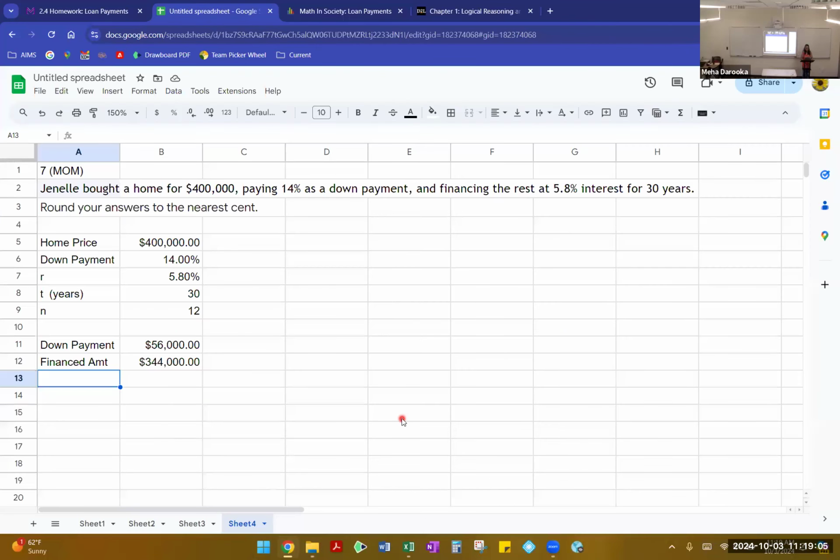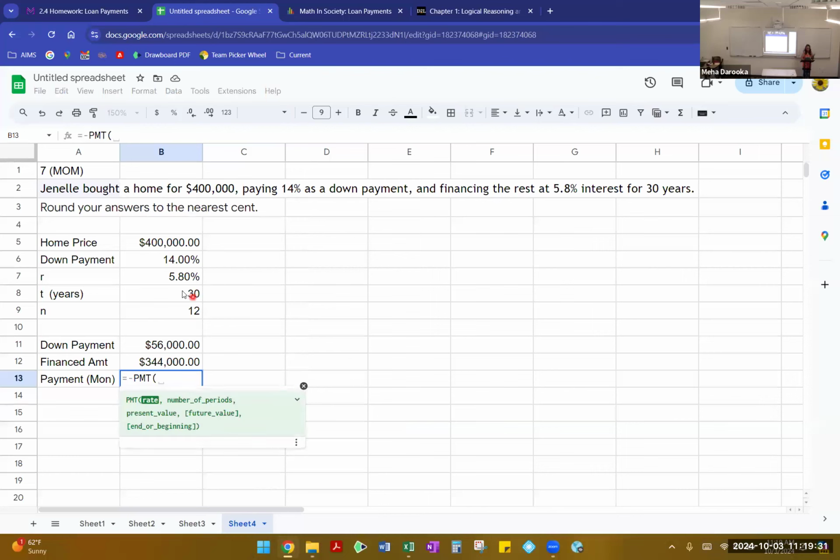What will be the monthly payment? What formula would we use to calculate the payment here, guys? And again, let me start out by putting a negative first and then the payment function.